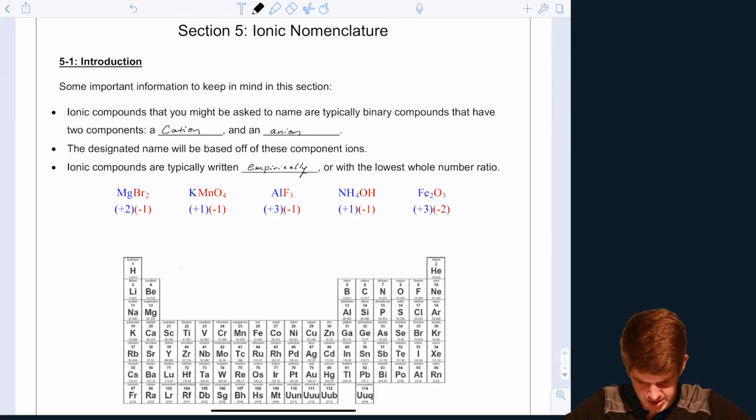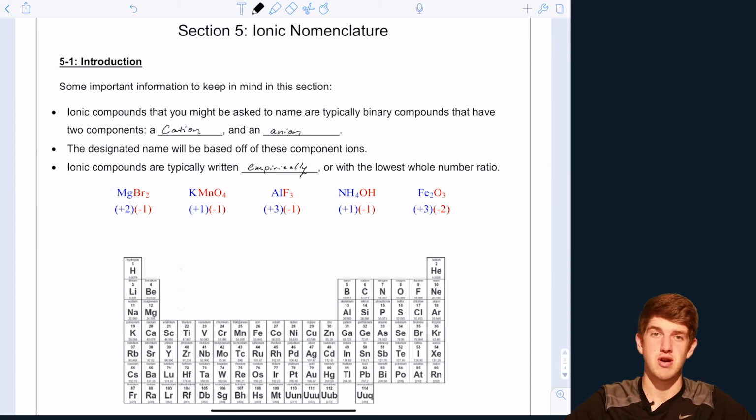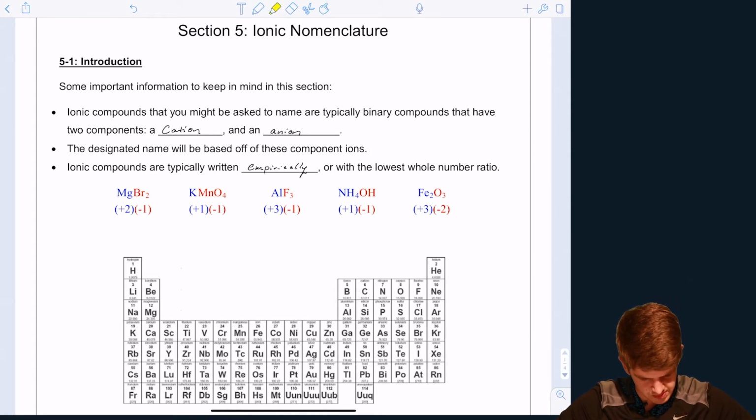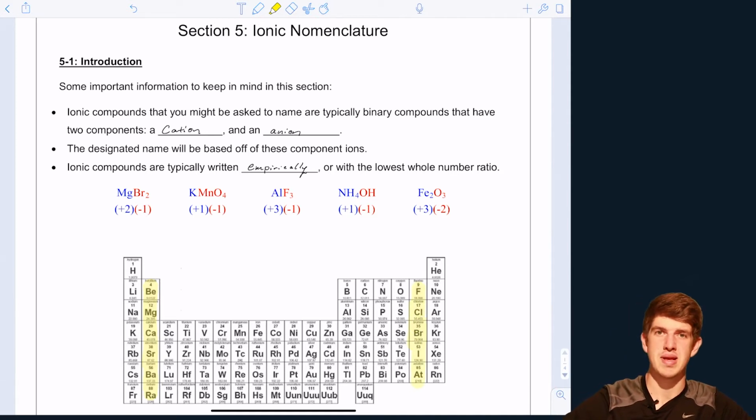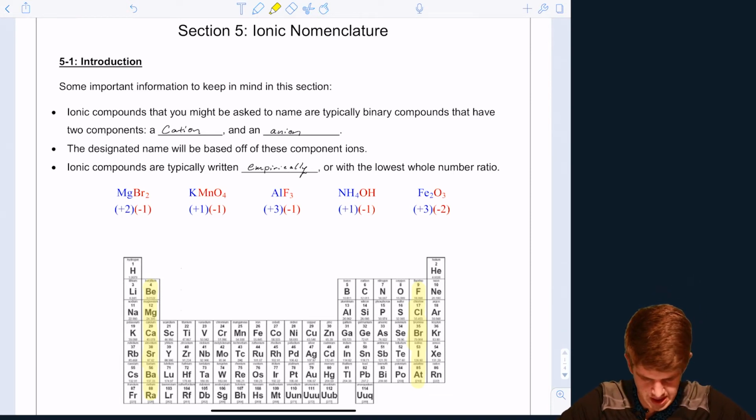If I'm not shown a charge, because there's no charge written for this ionic compound, then the overall charge has to balance out. So MgBr, I would think, is just 1 Mg, 1 Br, but magnesium, which is in group 2, has a +2 charge. Br has a -1 charge. So I'm going to have 2 bromines for that 1 Mg. So the formula would be MgBr2.